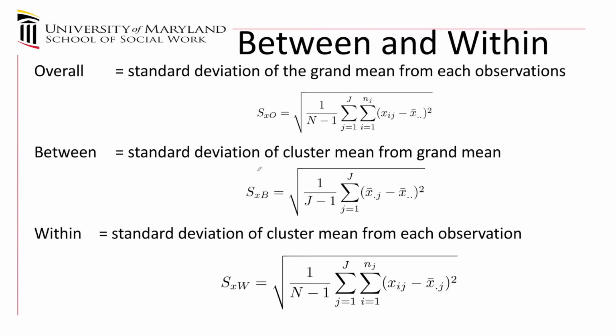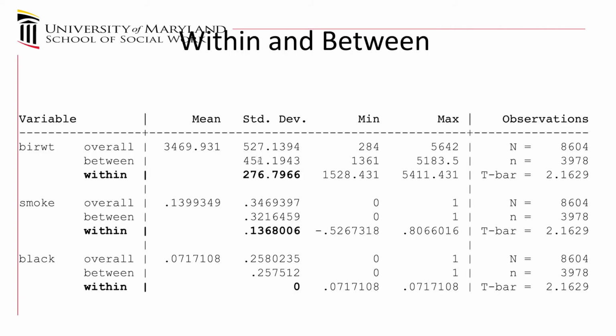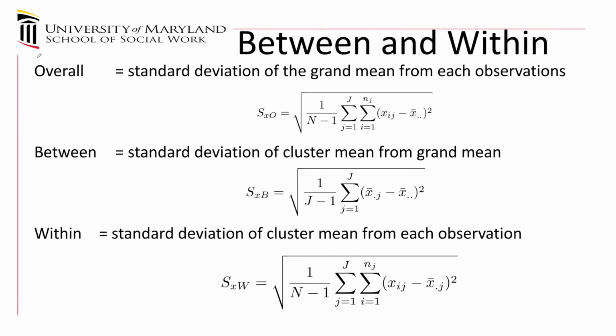All right. So we've done a good job assessing our between and within variance. And I want to take a second and walk through what these variance pieces mean. I know that this is tedious and often confusing, but I think the important piece here is that we begin to think through what it means when we say between and within in very practical terms. So overall is the standard deviation of each observation from the grand mean.